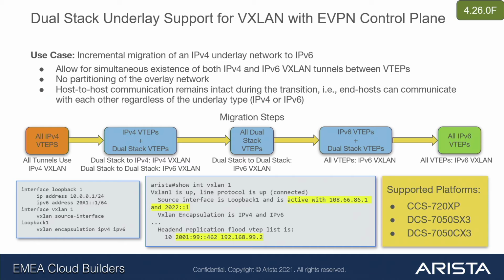So what we do is that we first of all start off, imagine, with IP version 4 VTEPs. We then configure the new VTEPs as dual stack. So they're configured with both version 4 and version 6. And then as we migrate, we get to a point where every VTEP is running a dual stack v4, v6 address.